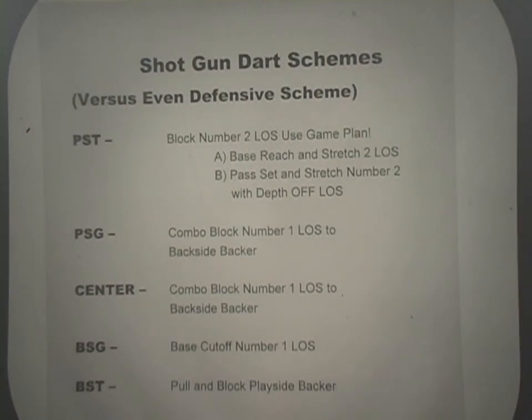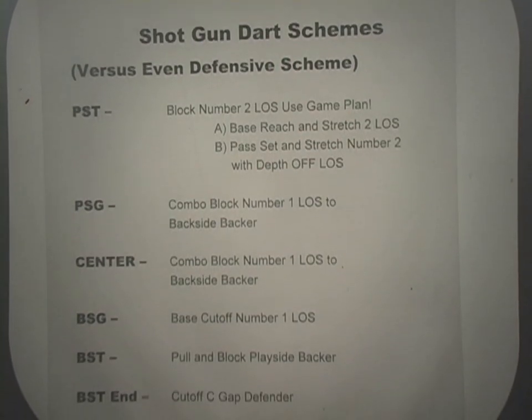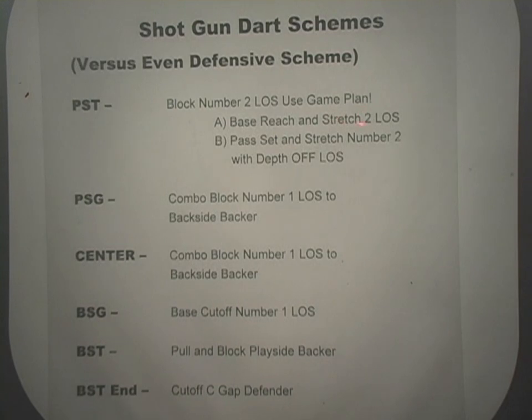for the dart scheme. Play side tackle blocks number 2 LOS. Use game plan, and what I mean by that is base reach or stretch 2 LOS. If we find that 2 LOS, the defensive lineman, is one that is a reader, or that we feel like we can stretch with an outside zone type concept, we'll base reach him and try to stretch him and open the crease by stretching him.